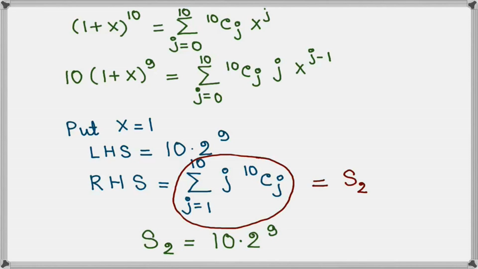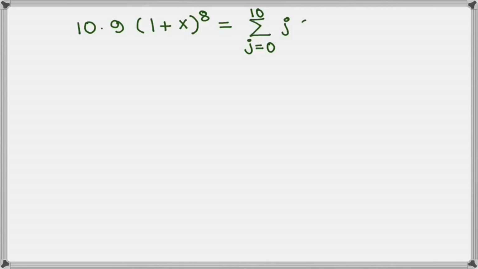We take the derivative of this polynomial equality now. We get 10 into 9 into (1 + x)^8 is equal to the sum from j = 0 up to 10 of j (j - 1) 10Cj x^(j-2).